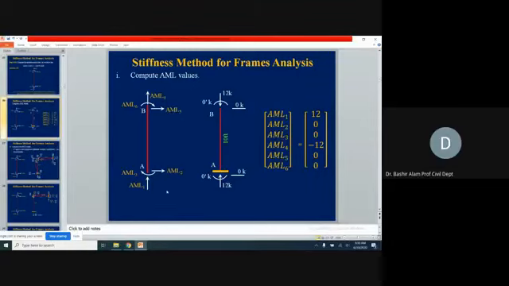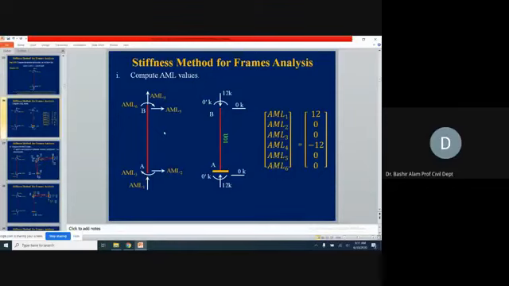This is the same situation, so you don't need to redraw it. You just show that these are my AM 1, 2, 3, 4, 5, 6, because there are six member actions in a member. At each joint we have 3 actions: axial, shear, and moment, and similarly at the other joint we have the same 3 kinds of actions.